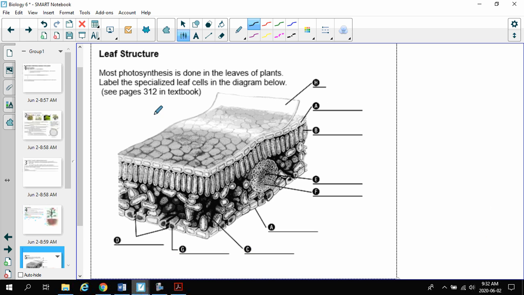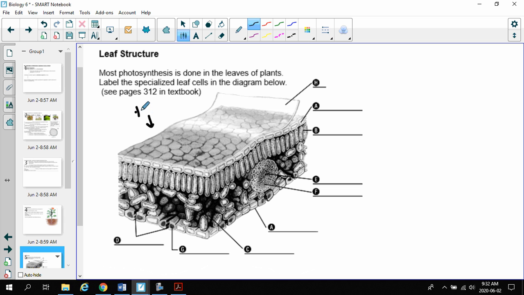So this is the top. And then down here would actually be the bottom of the leaf. So this is called the cross section, where we actually would have taken a leaf, cut it, and then we're looking at it from the side.